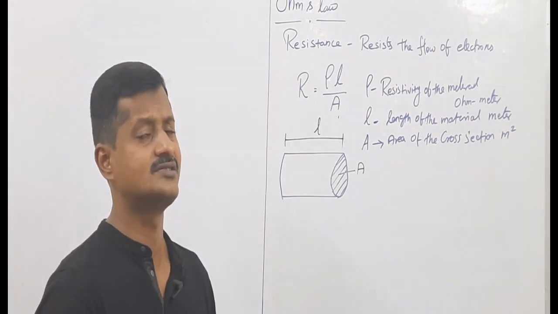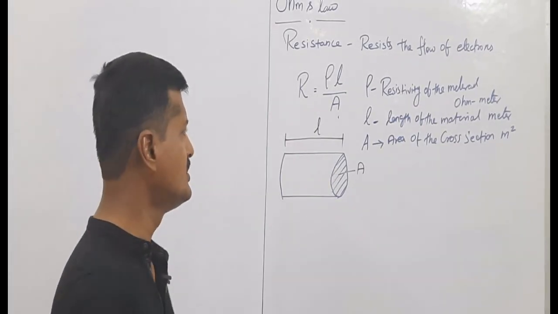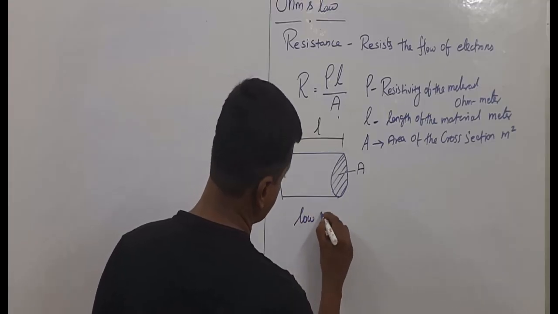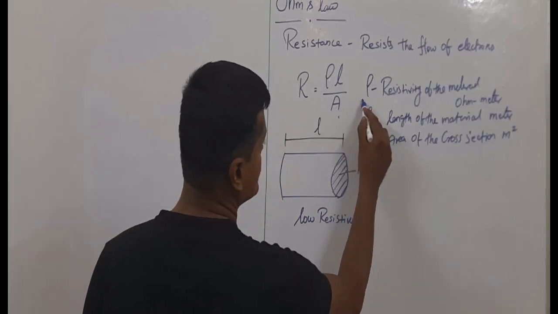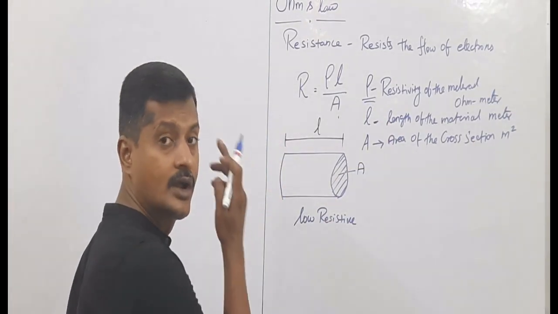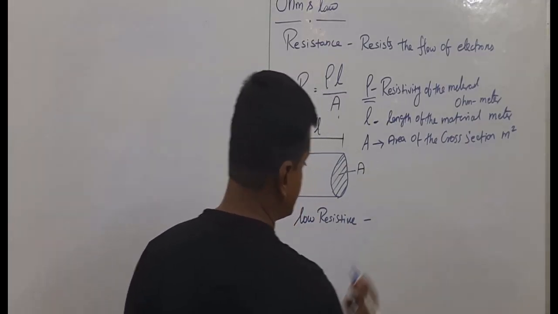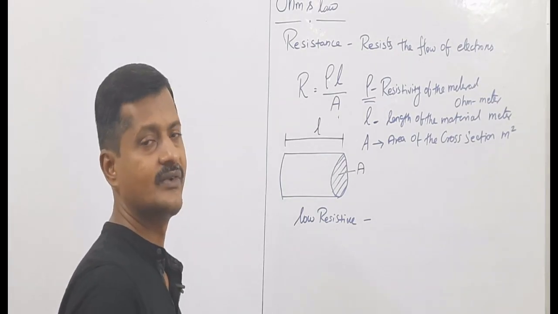So this is about resistance. So rho denotes the resistivity. Low resistance materials allow more number of electrons.